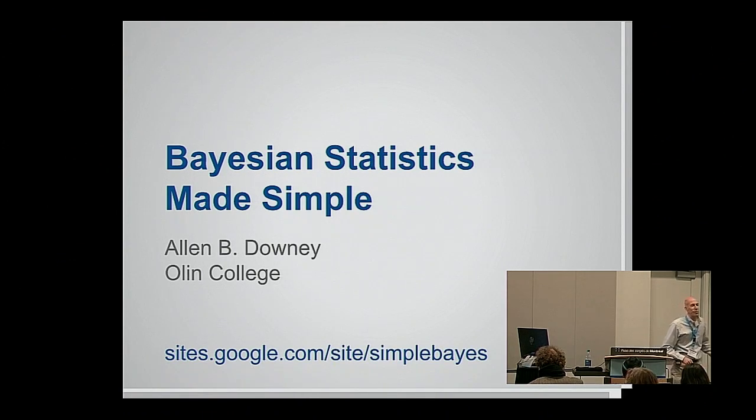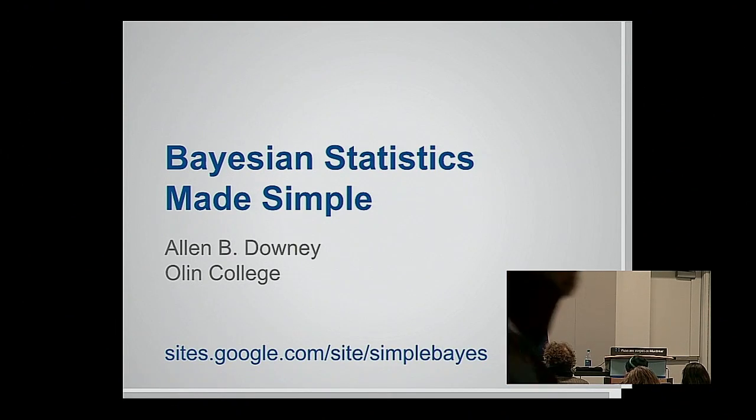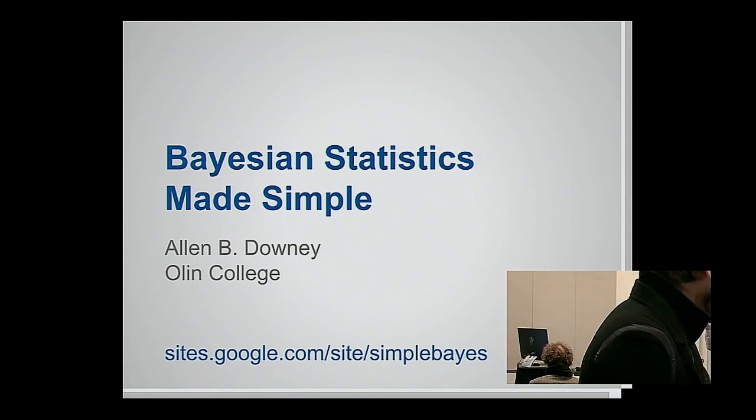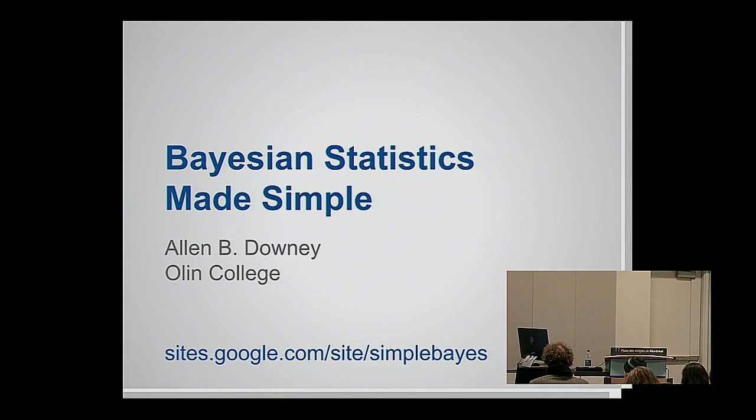I'll give people a few more minutes, but while you're setting up, you can go to the site for this talk and get my slides from there. You might want to open up my slides in one window so that if I'm not on the slide that you're looking at, you can go back and forth.